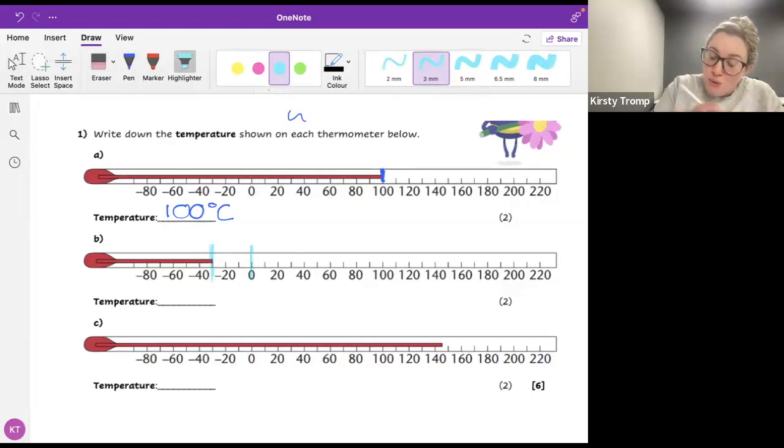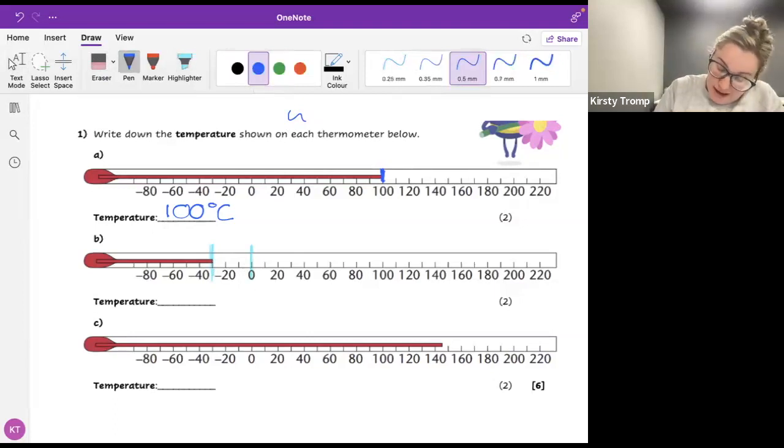So if we go all the way down, I'm going to count them. I've got 0, and this little line here is going to be negative 10. Then I've got negative 20, and then negative 30. So the temperature for this one is negative 30 degrees Celsius.